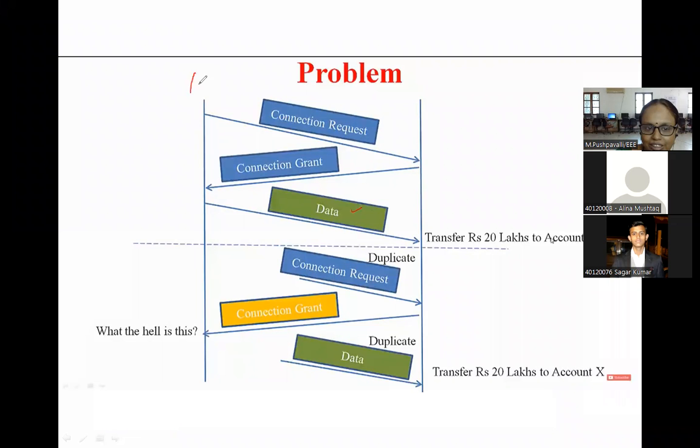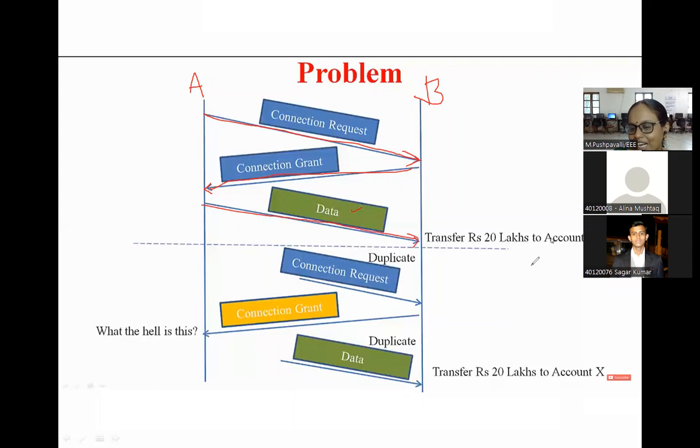Just listen, this is my connection request. Assume A is my sender and B is my receiver. I am giving a connection request. Once I receive the connection request from A, I give connection granted, and then the data will follow.